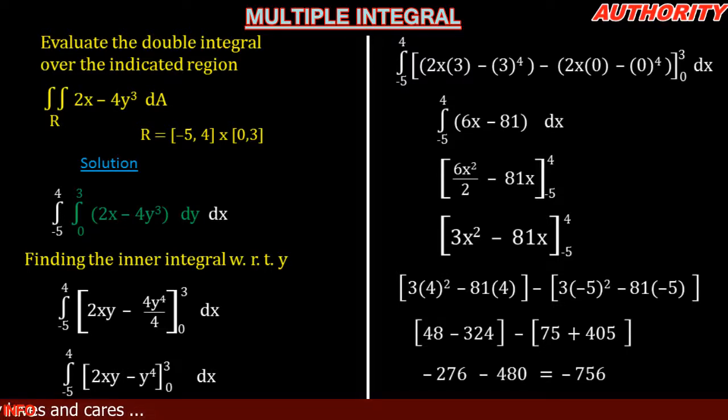Then we have minus, 75 plus 405 is going to give us 480. So here we have minus 276 minus 480. It's going to give us minus 756. You get it, right?